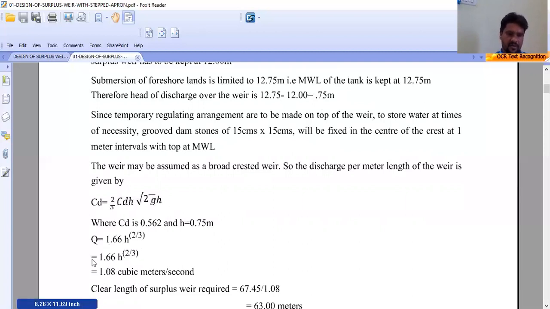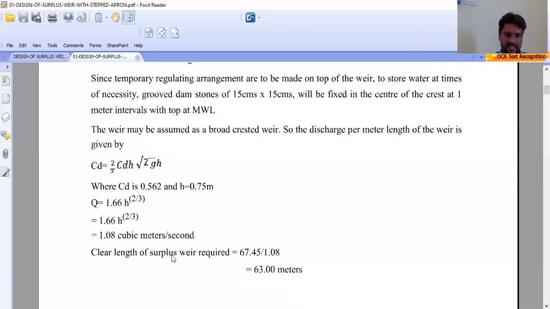So now this is not Q. Here we have to calculate the clear length.